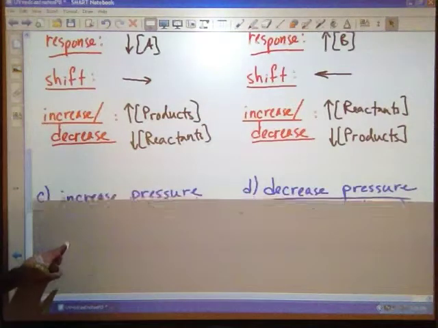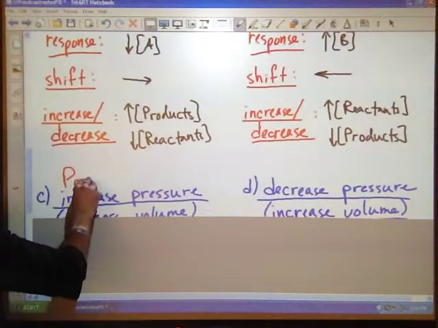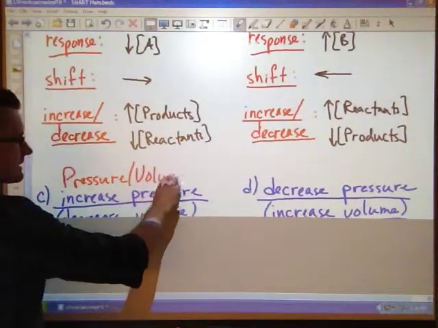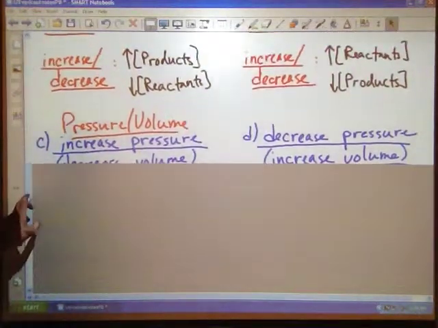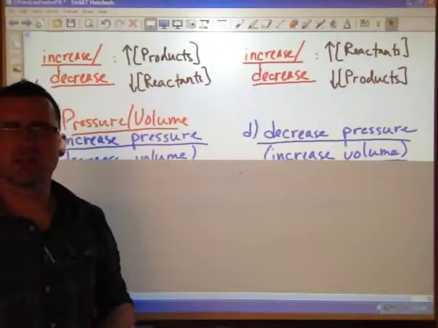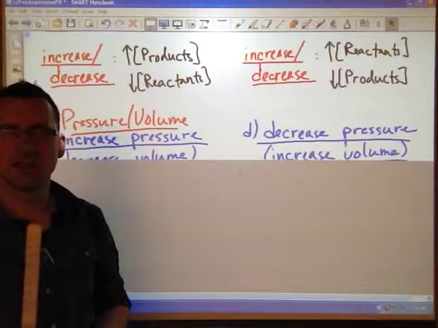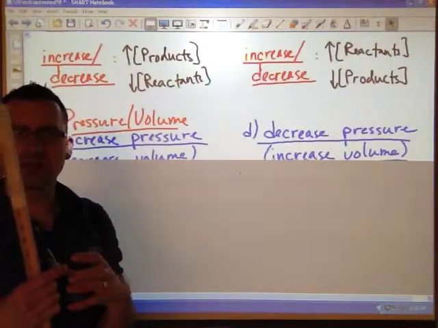Next thing I'll look at is pressure. So the pressure, and I'll use the word volume there too. Pressure / volume. So if we take a look at a few things, like the elevator example I mentioned, if I have like 10 people in a classroom, and I take those 10 people and put them in an elevator, that is like decreasing the volume that they're in, so there'll be a lot of pressure.